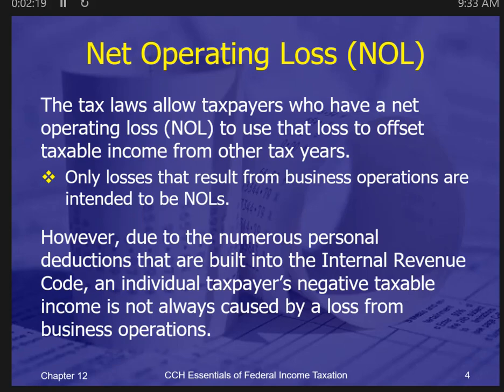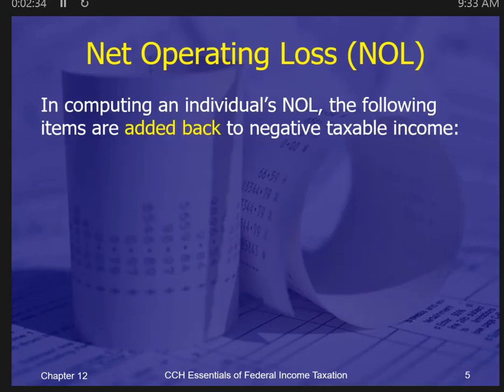All right, so you may have negative net income, negative taxable income, and not have an NOL. In fact, you probably don't have an NOL unless you have negative AGI. That's kind of the key that I like to look at.